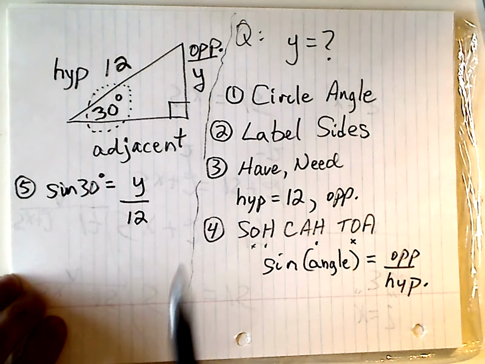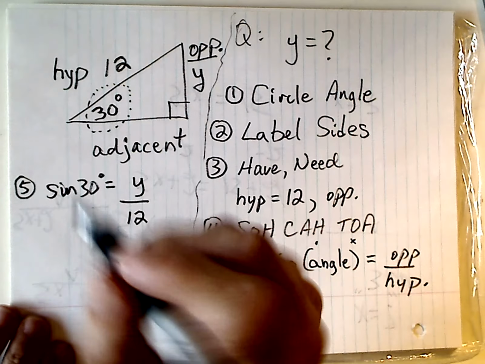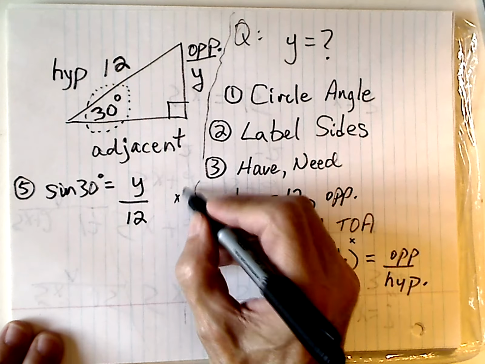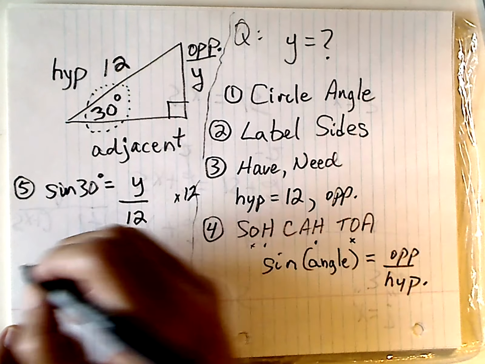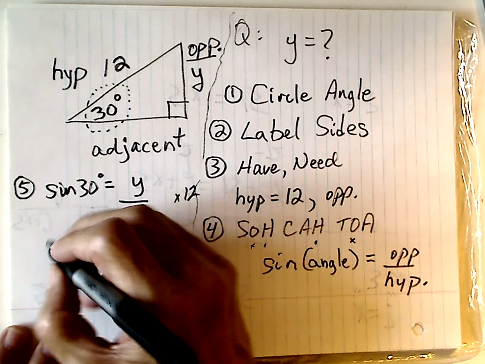But number 5, we get specific. What's going on in this question? Put in the values, you work it out. So in this case, 12 is on the bottom. So of course, multiply both sides, top and bottom, by 12. And you get this.